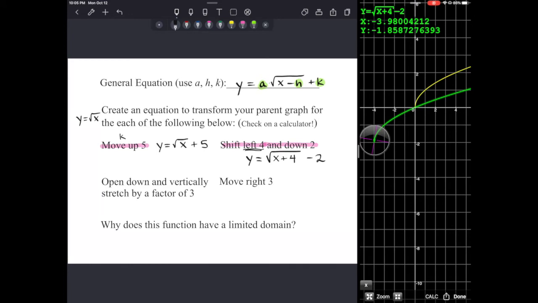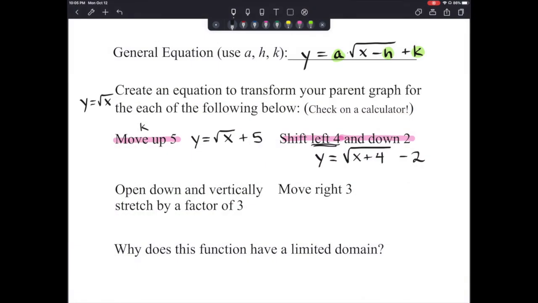All right, now let's jump back into it here. It says we want it to open down and vertically stretch it by a factor of 3. Well, both of these, opening down and then the vertical stretch by a factor of 3, all are affecting a. So I want y equals, and if I want it to open down, I need to have a negative.